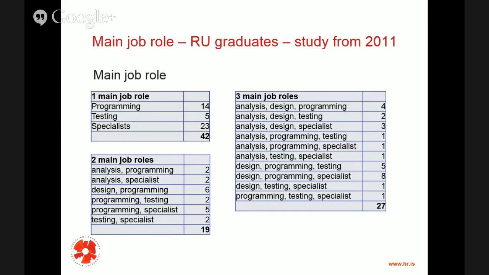So maybe 38 are designing and 2 not. So you see, then out of those 40 that are designing, almost all are also programming. But out of those that are programming, not as many are designing. You see, that is the short answer. But then I analyzed.